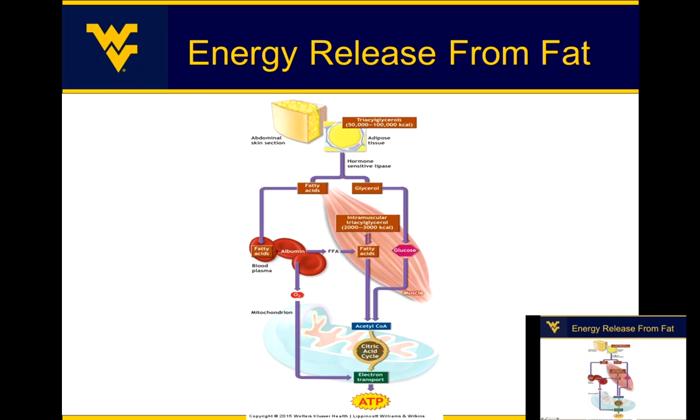We have a whole series of lectures on the endocrine system and how it controls all of metabolism. This is called hormone sensitive, so obviously it must be sensitive to particular hormones, and examples of those are epinephrine and norepinephrine, or you may know them as adrenaline and noradrenaline. They go up during exercise or during stressful periods of time.